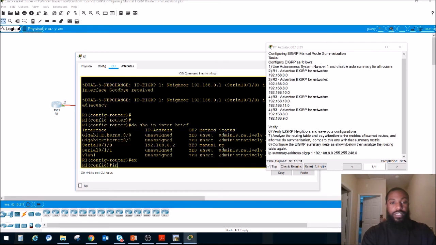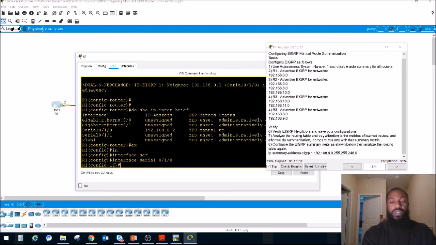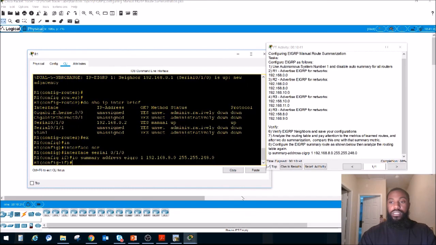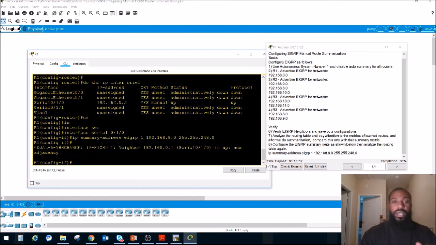Interface serial 0.1.0, and then let's paste that guy. That might be it. We got a summarized address there. I don't see why it wouldn't be it.